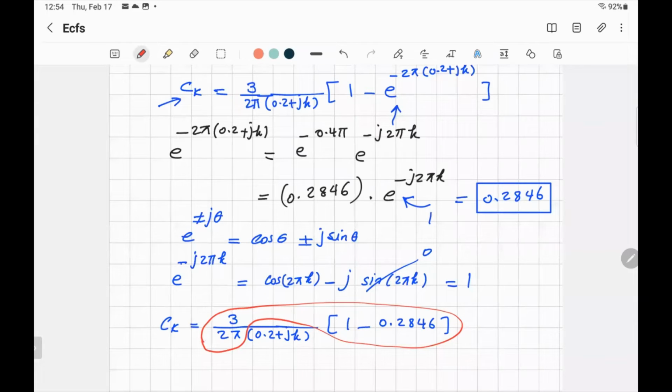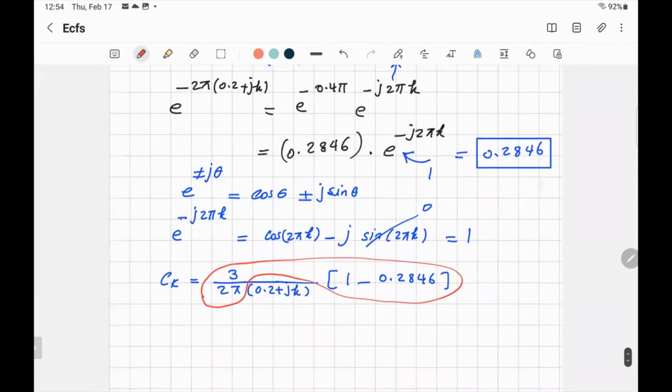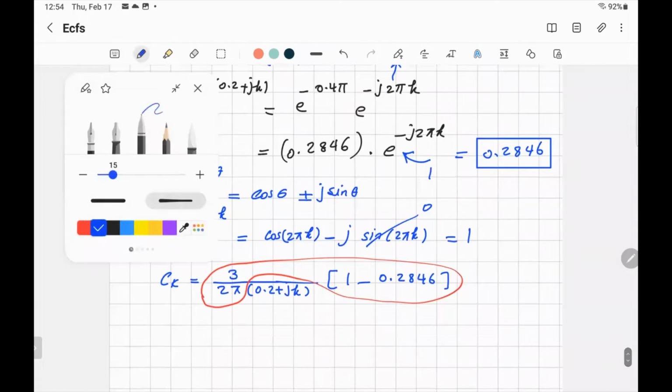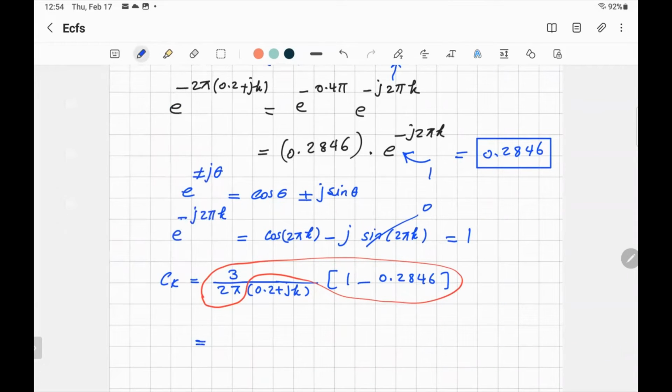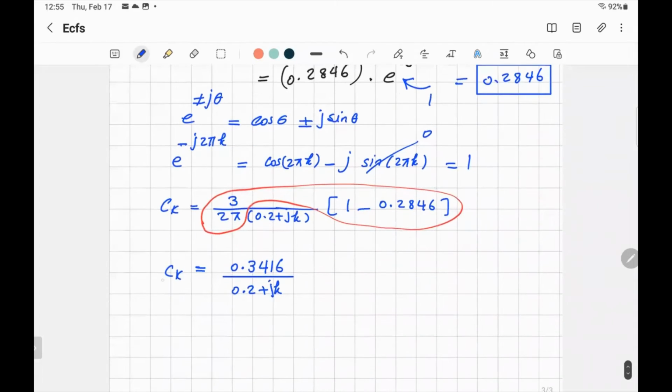The only thing that varies with k is the bracket 0.2 plus jk. The whole thing can be done in the calculator. I did it, and I found it equals 0.3416 over 0.2 plus jk. That's ck.